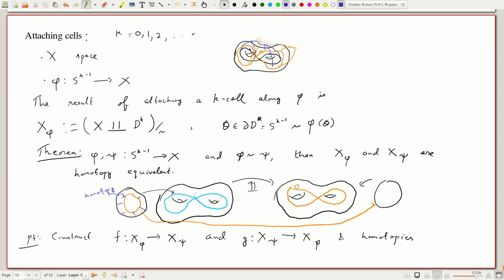And in the other direction, we do the opposite, of course. So that we'll have a map here, which will get sent to the blue curve, the outer blue curve. This guy goes to the outer blue curve. And we can use the homotopy because there is a homotopy. This annulus is just the sphere cross [0,1], and we have a homotopy between them, the space cross [0,1].